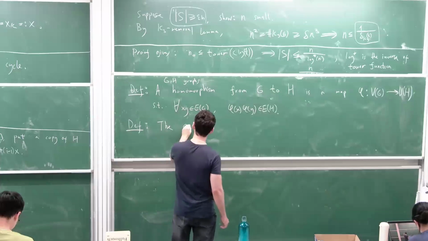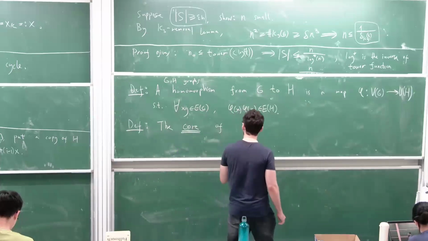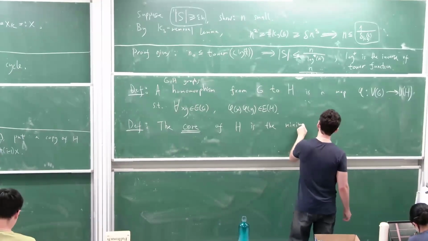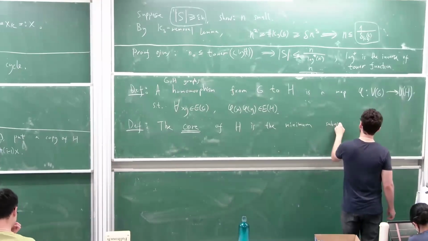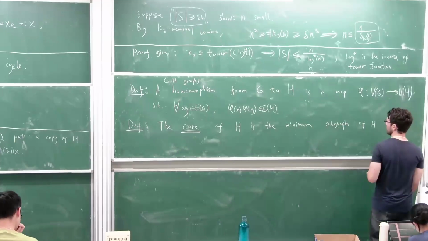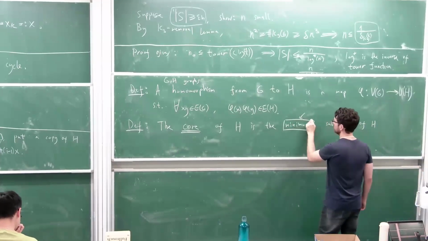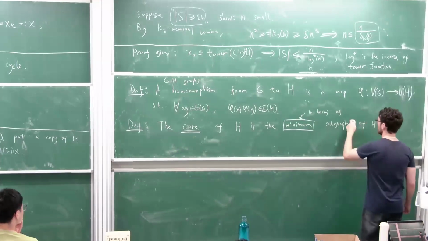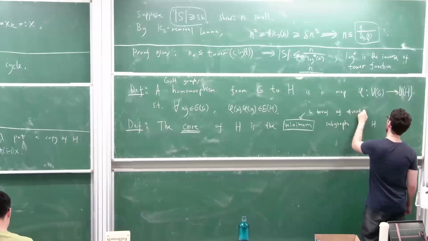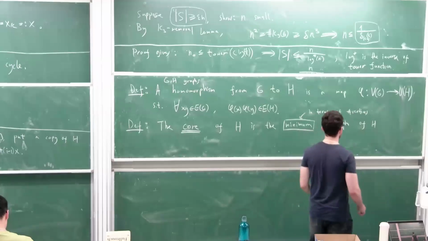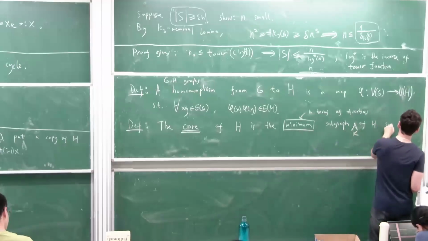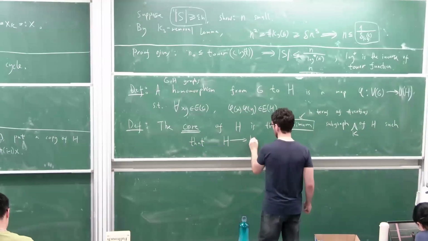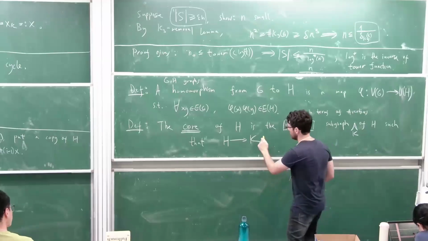The core of H is the minimum subgraph of H, where by minimum I mean in terms of number of vertices, the minimum subgraph, let's call it K, such that H has a homomorphism to K. I'll use this notation with the arrow.